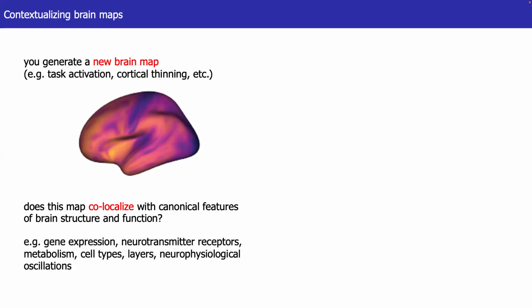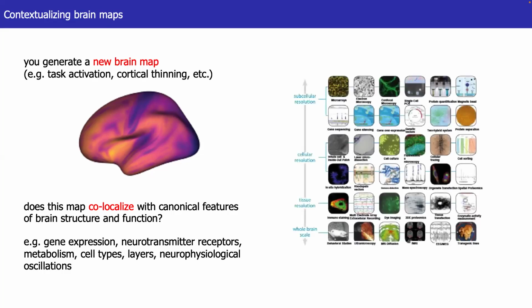When I say that, I mean, does it look like maps of gene transcription, of different neurotransmitter receptor densities, of different lamina, metabolic capacity, and so on. And it's not as though we don't know how to measure these things in the brain. We actually do.